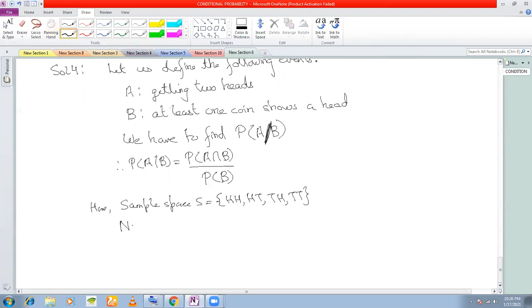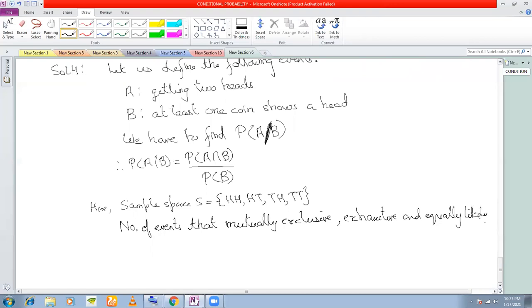The number of events that are mutually exclusive, exhaustive, and equally likely: how many? 4, because in S we have 4 events.